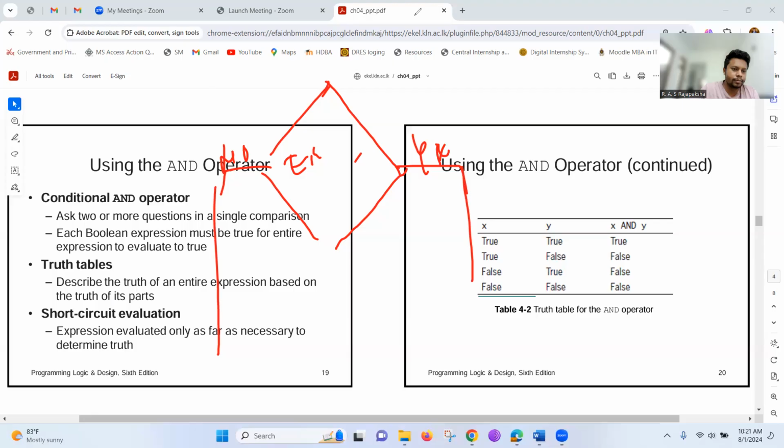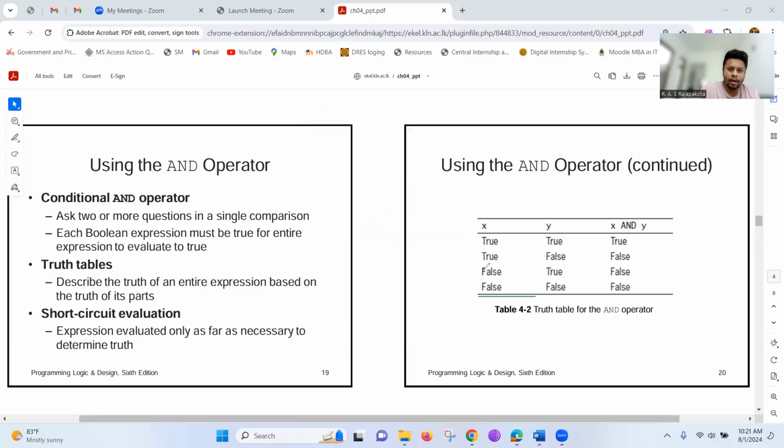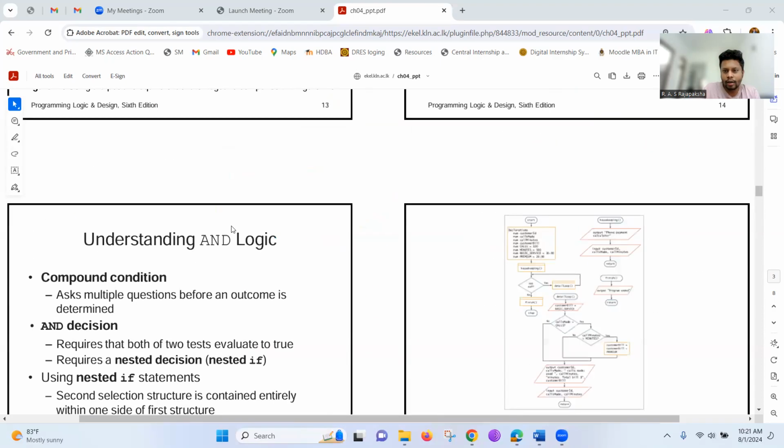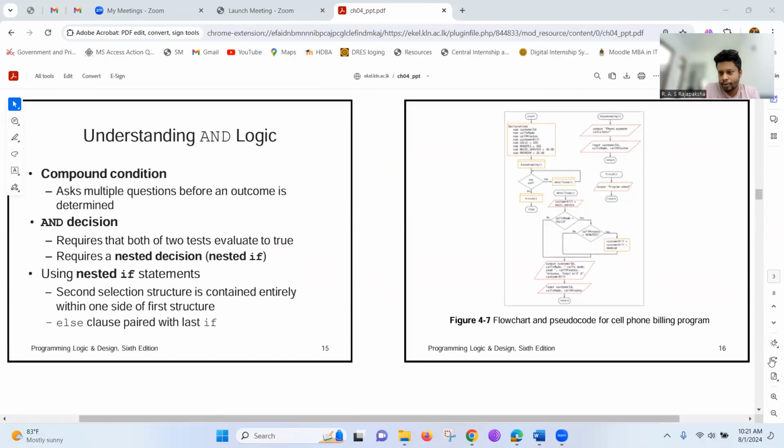Then if we are going to this flowchart also, we can describe it.